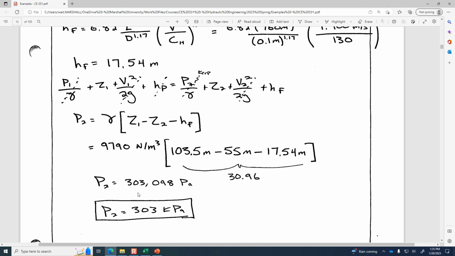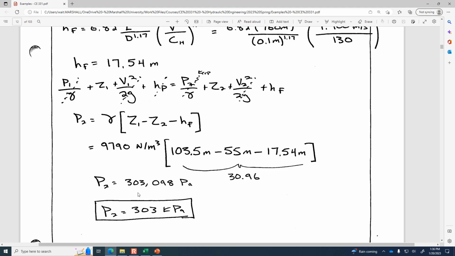If you square that and divide it by 2g, then you get that the velocity head is 0.0999 meters.